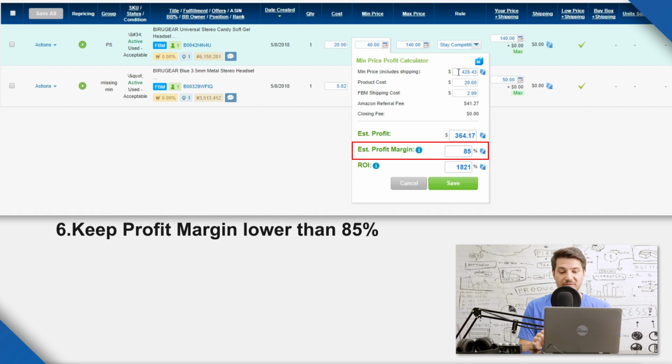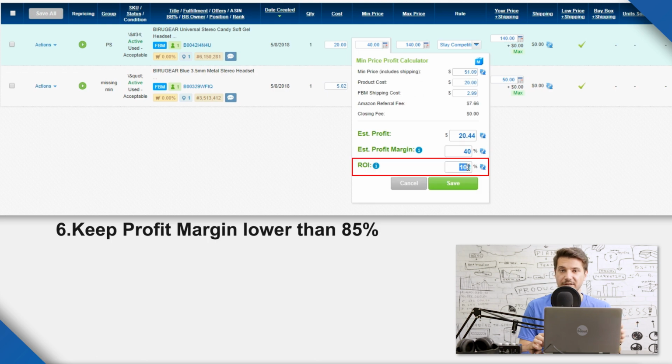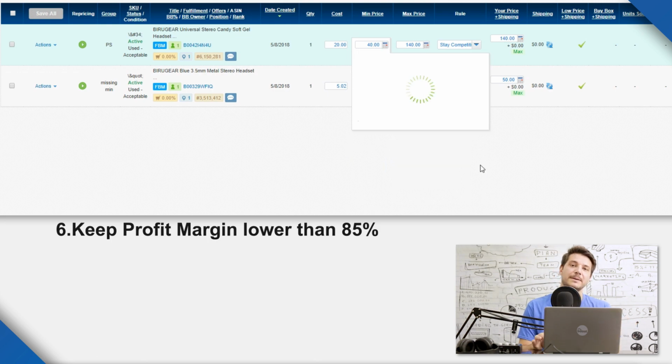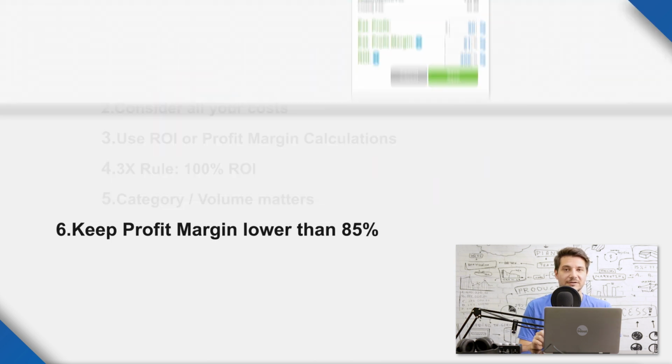So keep your profit margin lower if you want to use profit margin. If you want to use ROI, we notice, for example, that some of our customers use something around 80 to 100% ROI. If you're calculating your max price, of course, you can go higher. You can go to 200 or 300% ROI. But again, this is mostly related to your product. So you can just play a bit with the calculation.